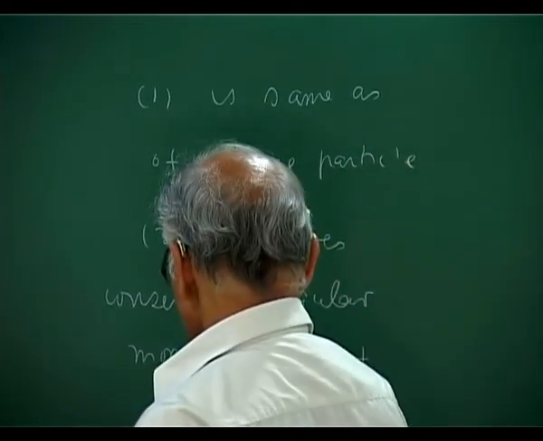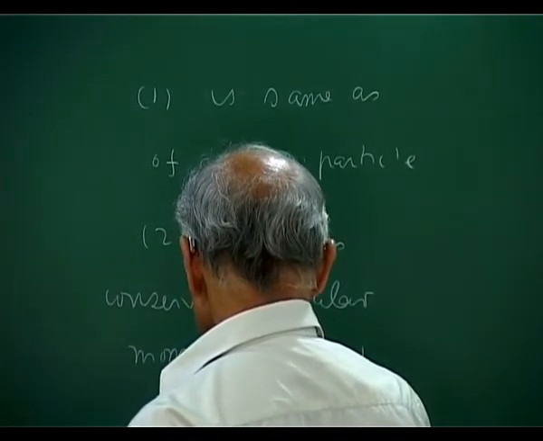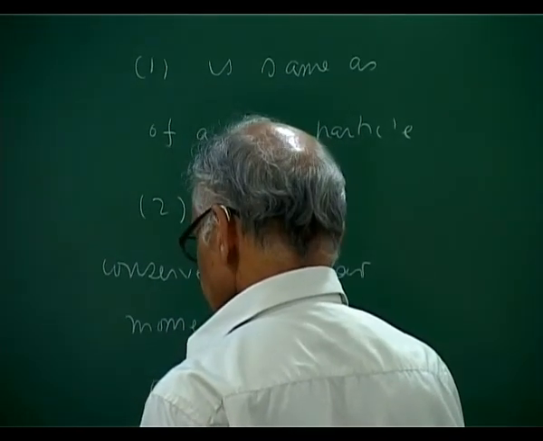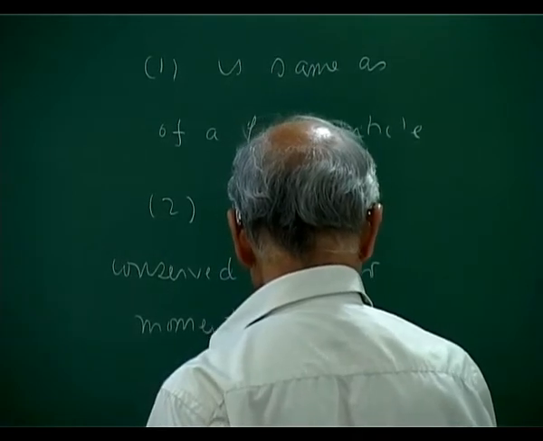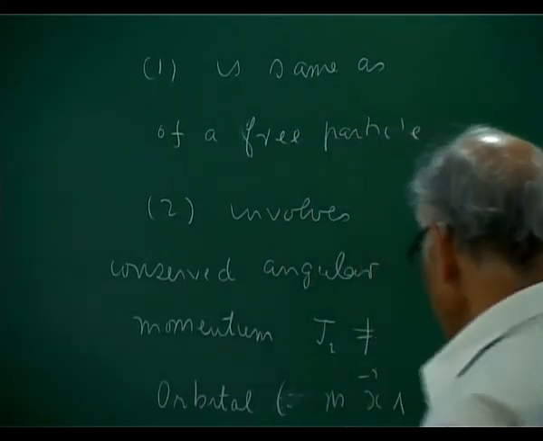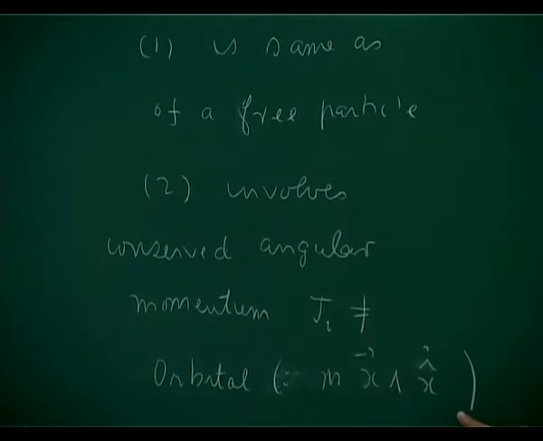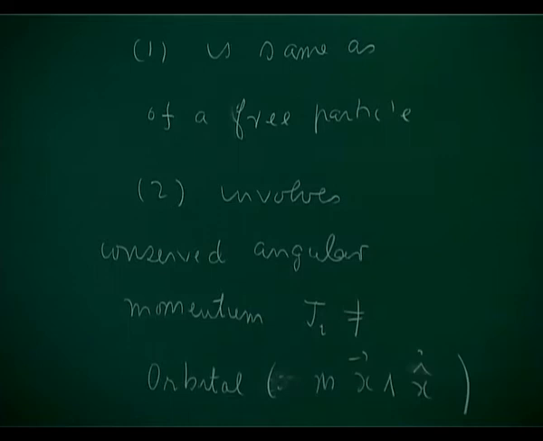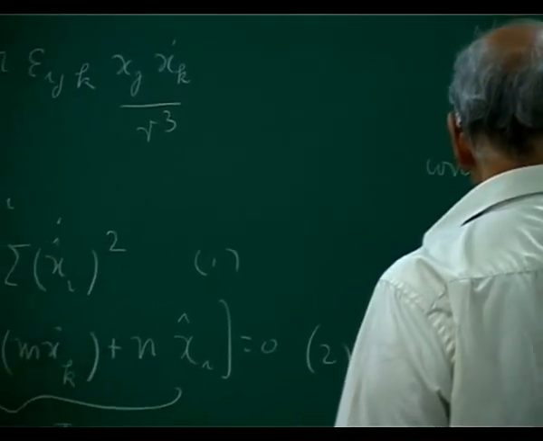The orbital one would have been equal to m times x cross x dot, that is, r cross p. This would have been the classical free particle angular momentum, but it is not this. There is an extra helicity in particular. So this would be orbital.